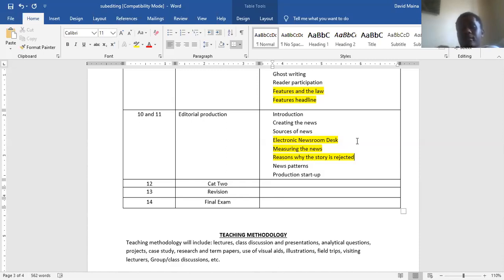Redundancy. Yes. And there are so many reasons why your story might be rejected. Number one, if it is defamatory. If your story is defamatory, it can be rejected. Again, your story might be the one taking the topmost part of the newspaper.